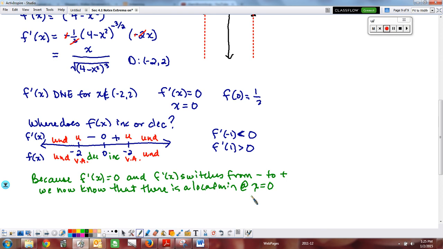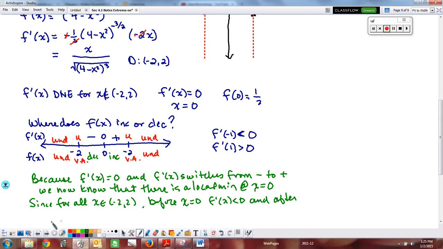Now to go even further and get it to be a global min, what we would need to know is that for all x in the domain -2 to 2, before x equal to 0, f prime of x is less than 0, and after x equal to 0, f prime of x is greater than 0, then x equal to 0 is a global min as well.